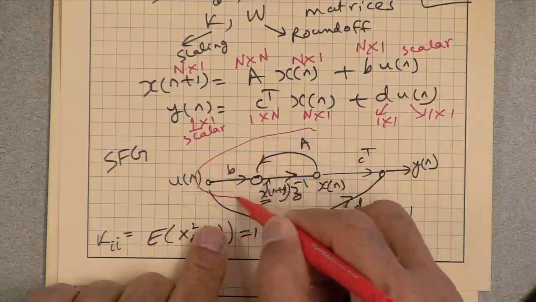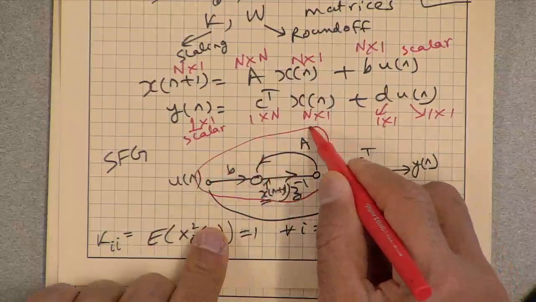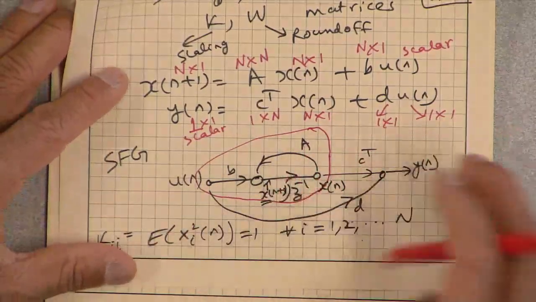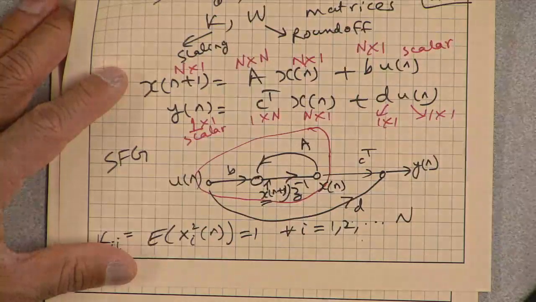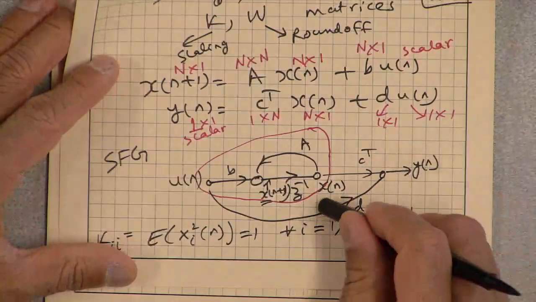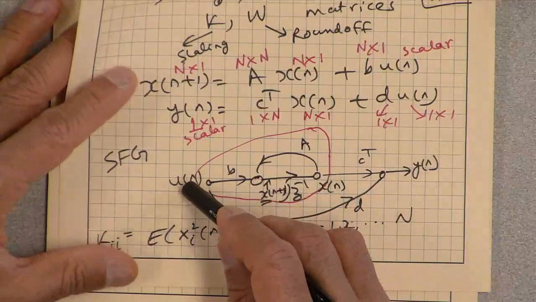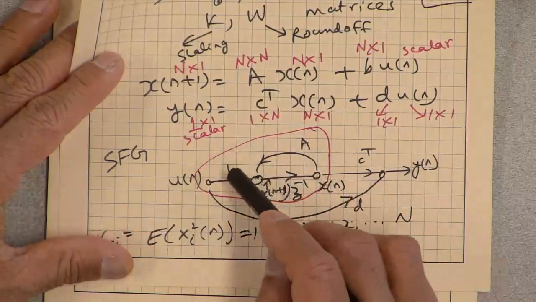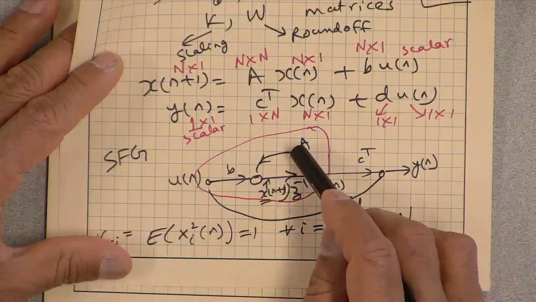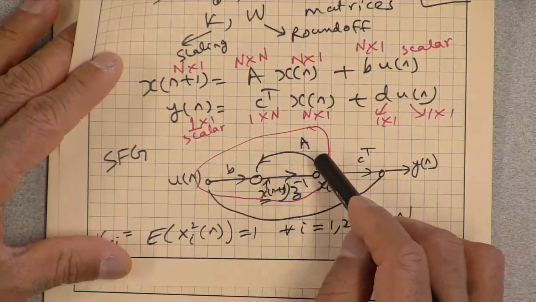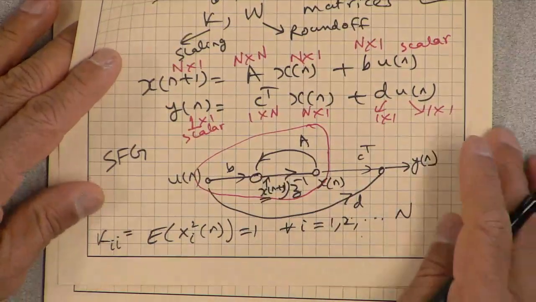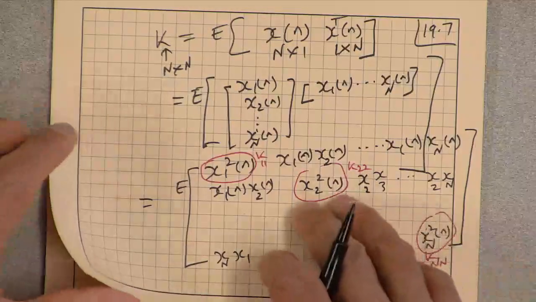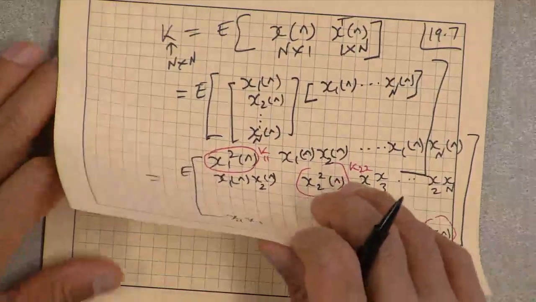Just consider this part of the system, ignore the output. If we were to compute an expression for x n in terms of u n, I need to analyze this system with a feed-forward part B and this loop with loop gain A times z to the power minus 1.